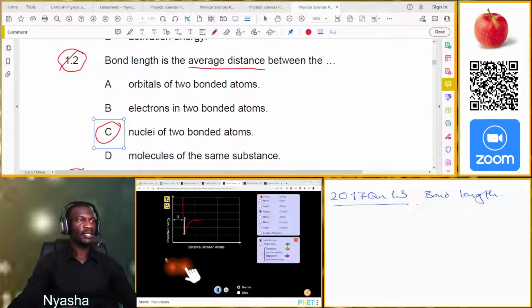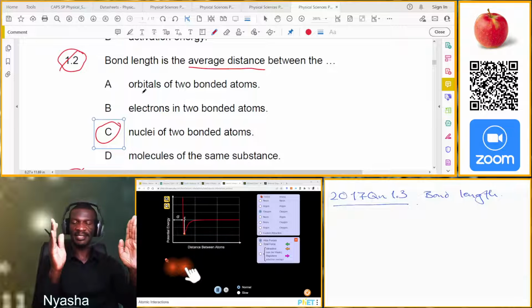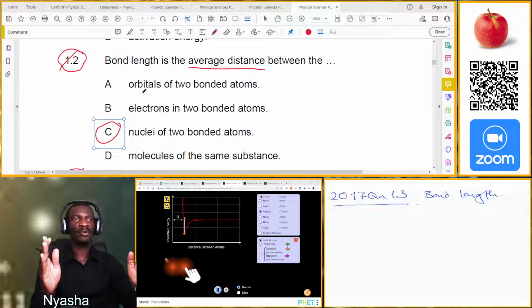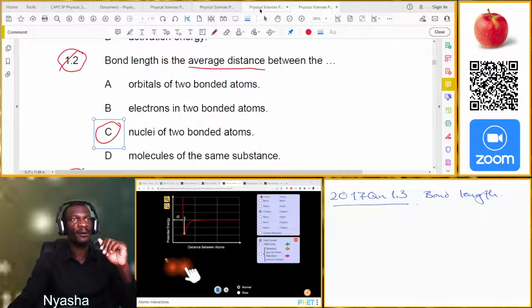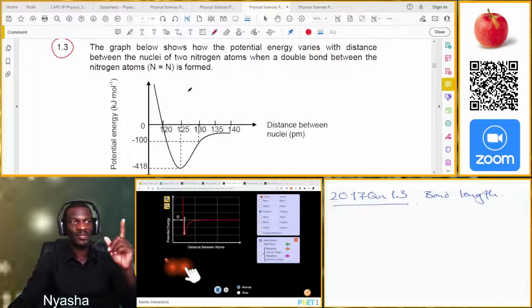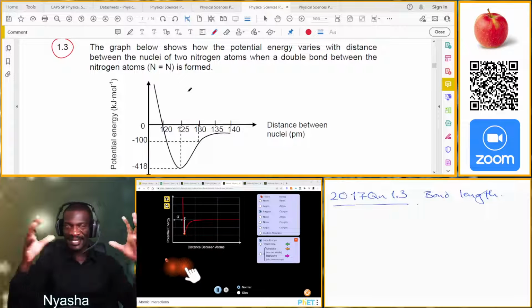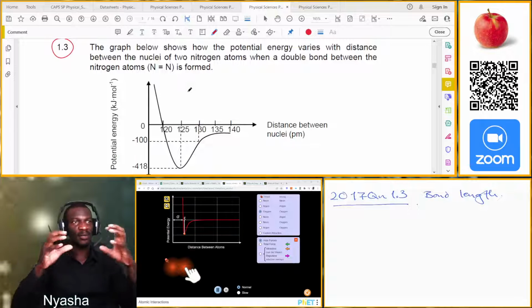So in the 2017 paper, the 2018 paper has the question which was focusing on the internuclear distances. We say that is the bond length, so we're happy with that. Now, this question 1.3 says the graph below shows how the potential energy varies with the distance between the nuclei of two nitrogen atoms.